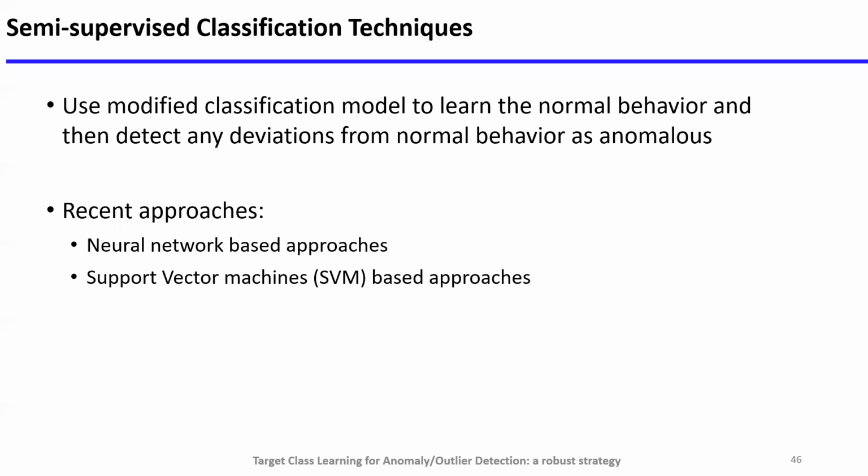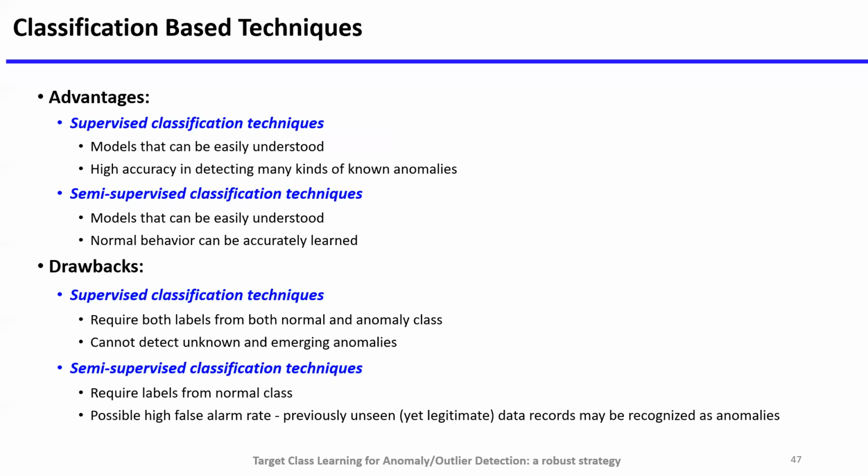So we would learn sufficiently with the help of the normal behavior data, and any deviation from the normal behavior can be considered an anomaly, even if it is a rare normal condition, but it can be flagged as an anomaly here. To support this approach, again we have various techniques, SVM based or neural network based techniques, for the purpose. So I am now concluding the classification based techniques.